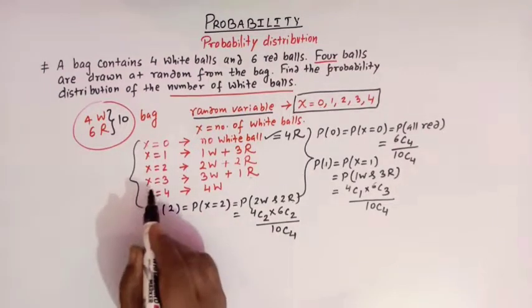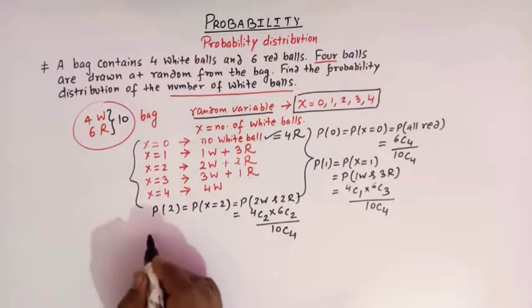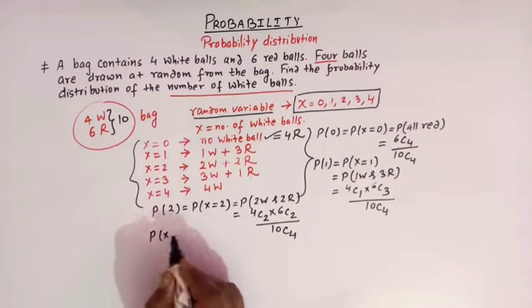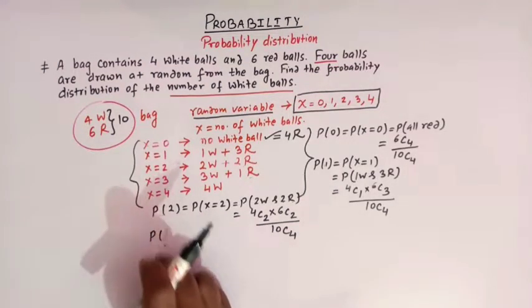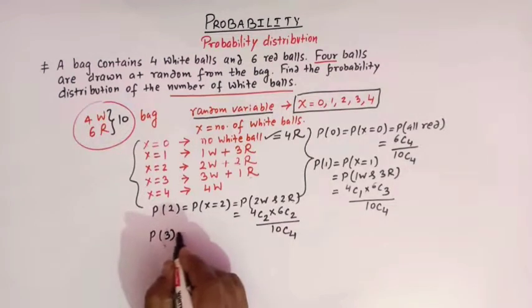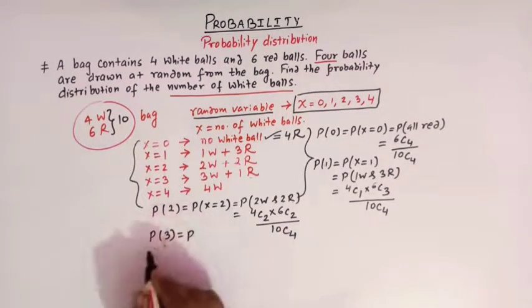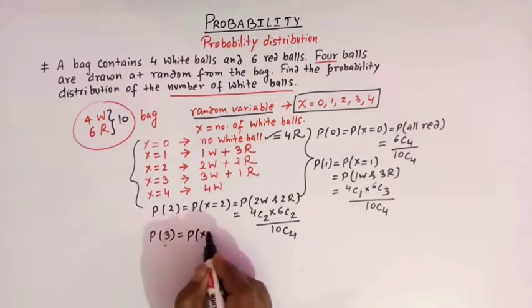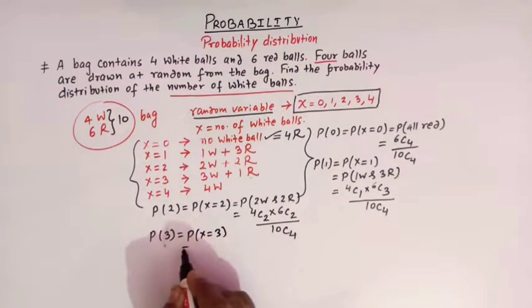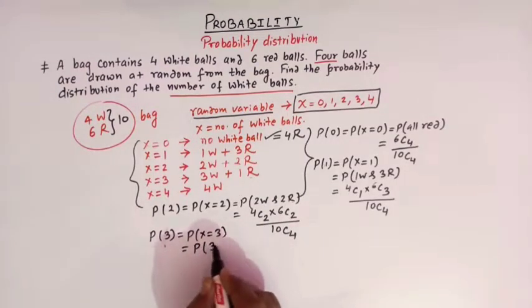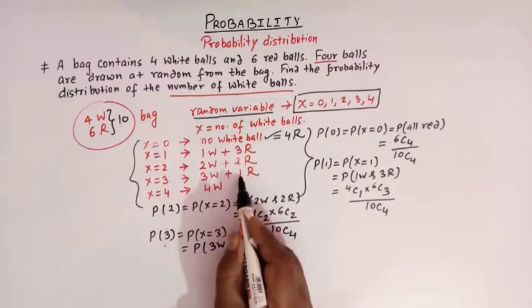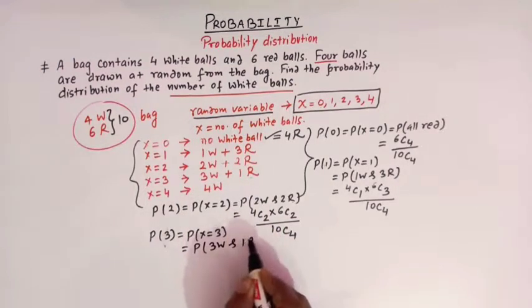Okay, now for x is equal to 3, we have p of 3, that is p of x is equal to 3, and it implies that we have to draw 3 white and 1 red ball, right?